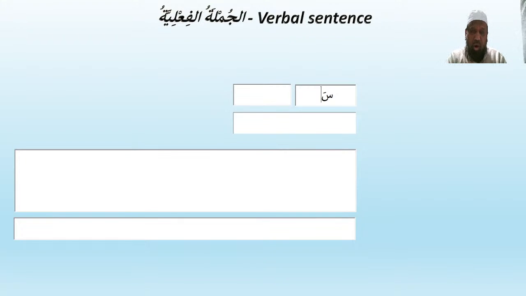Remember, once the particle sin or sawfa is attached to fi'l al-mudari, you can no longer translate it as present tense. You have to translate it as future tense, because sin and sawfa make al-fi'l al-mudari lil-mustaqbil.